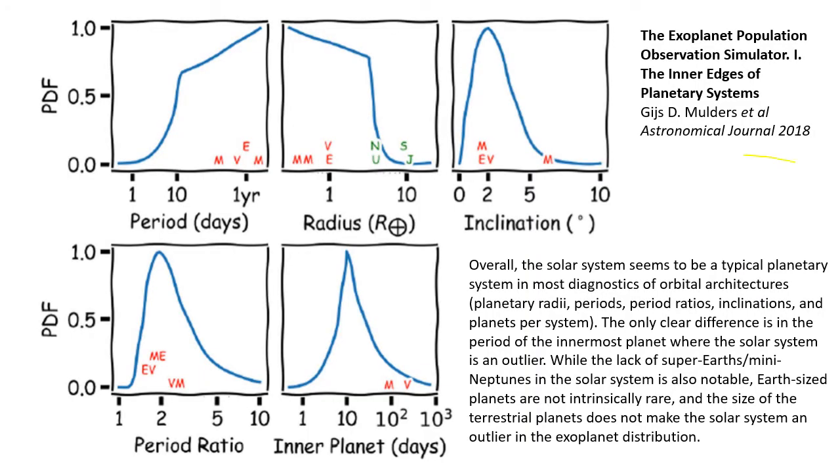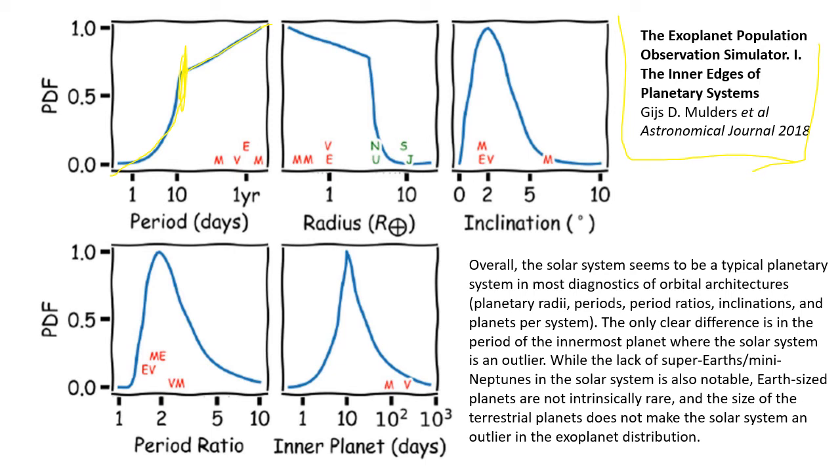Now this is a paper that I found when I was looking for papers that had worked on working out what the population of planets was in the galaxy, allowing for the biases that the Kepler detection system or the other detection systems had. You can see here that that's what the blue line is. The blue line is their calculated probability density function, the probability of finding planets around stars, and you can see that probability shoots up when we get to an orbital period of about 10 days.